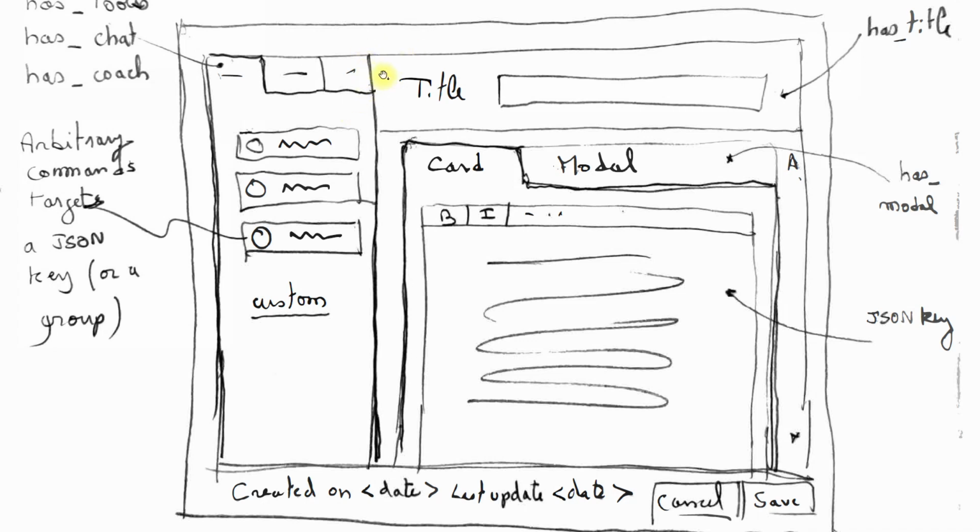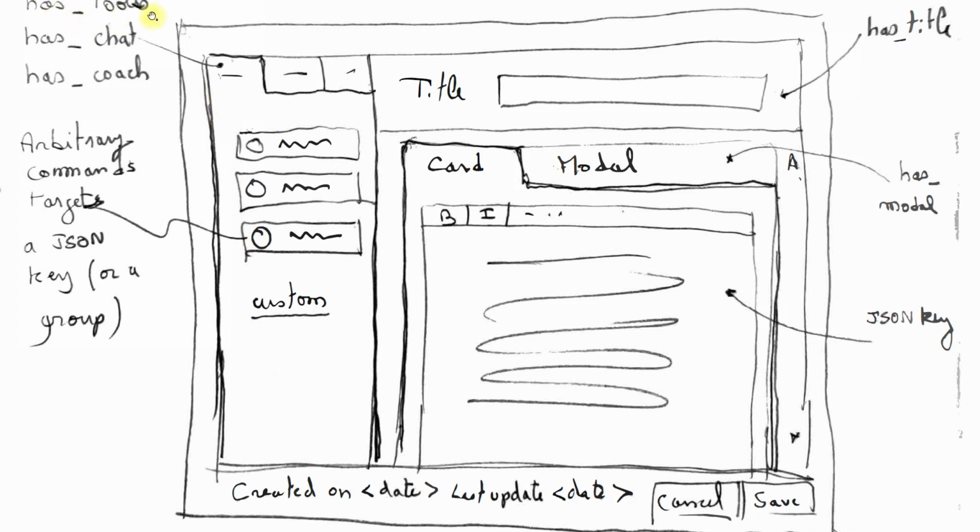So we could have a tab called version, with has version true, and that would show the list of the different versions that have been saved. Each time we save, we would have a timestamp, and the user could click and visualize the version at the time of the timestamp, with the ability to revert to any of the timestamps.